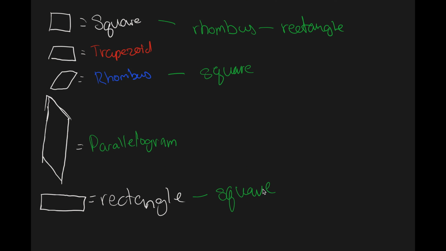Now we could go even deeper and call these all quadrilaterals, all polygons, but we're not going to do that because that's a little bit too much, and we already know that. This is the quiz part. I'm going to scroll through once to make sure you got all the answers.